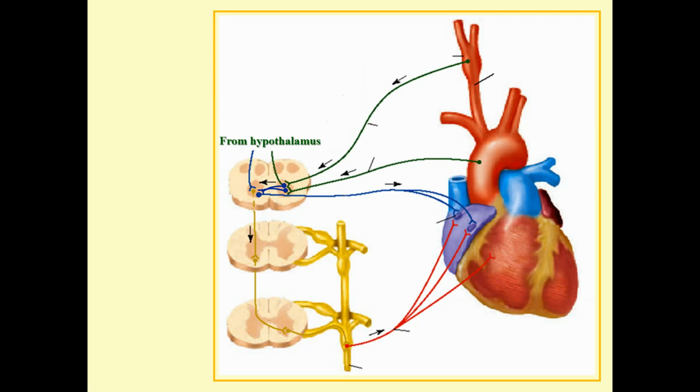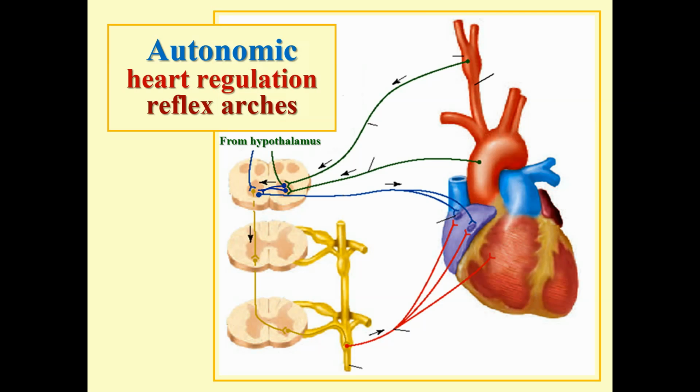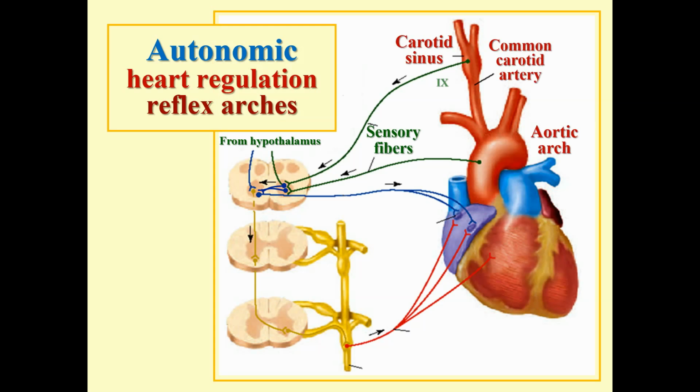Now, let's sum it up again. The whole autonomic heart regulation reflex arches. First, the aortic arch and carotid sinus and carotid artery have their receptors, and sensory fibers go through the 9th nerve and the 10th, vagus itself, to the medulla. And this is shown in red now.